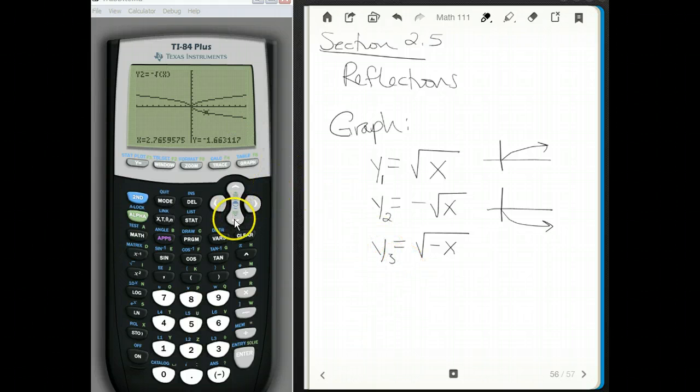Let's look at y3. So arrow down to get yourself onto y3. If I just hit arrow down, notice I'm not anywhere. There's no cursor, and look what it says down here. X is 2.76 and y is nothing. That's because y3 lives completely over here on the left side of the xy plane. Its graph is entirely contained by going that way.